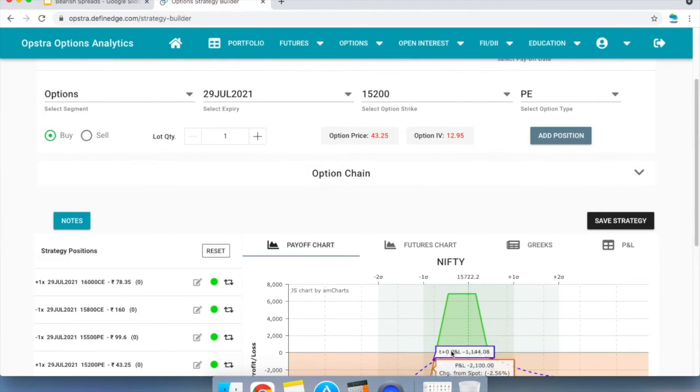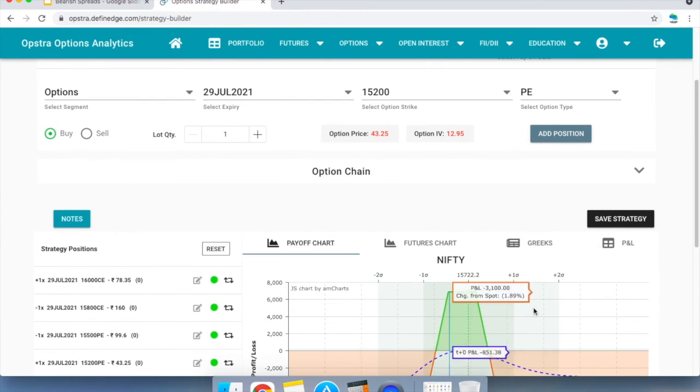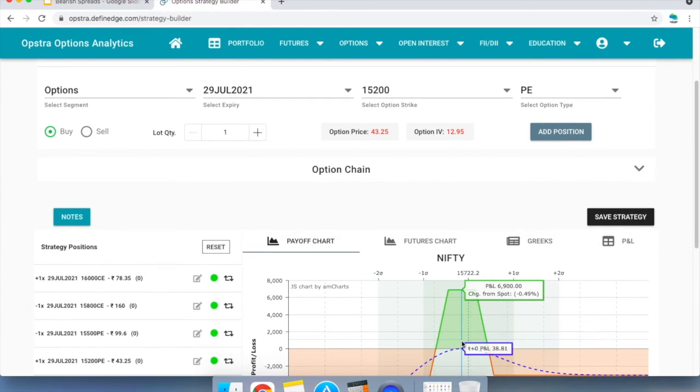This is not exactly balanced, it has to be the same price, but this is how we construct a non-directional strategy. Whenever we think that the bear call spread is going out of our hands, we convert that into a neutral strategy. We will learn about this in future sessions, right?